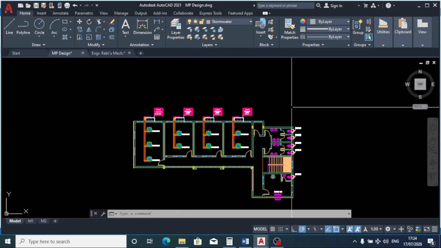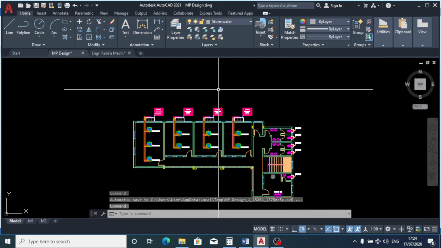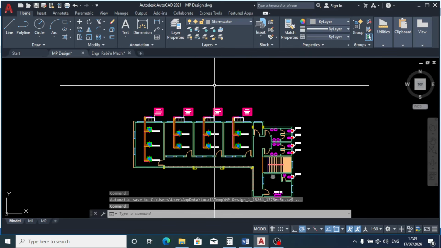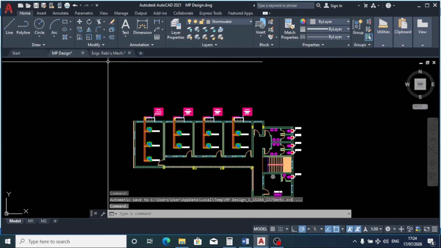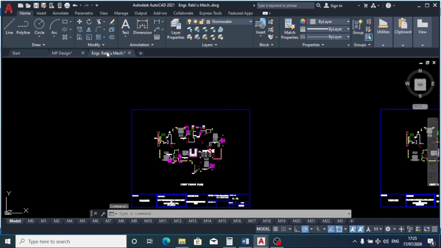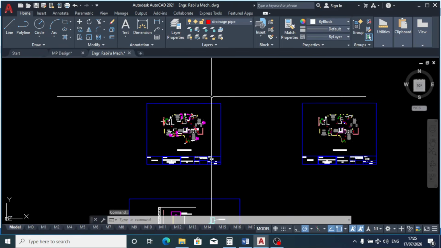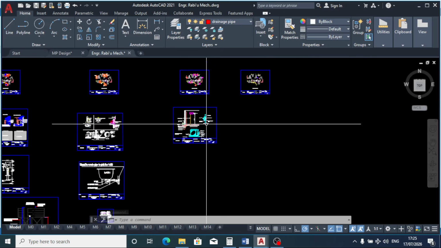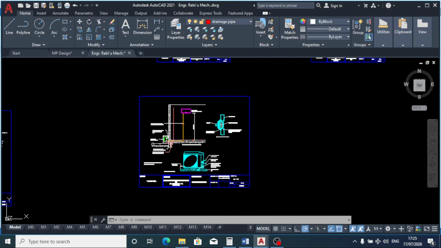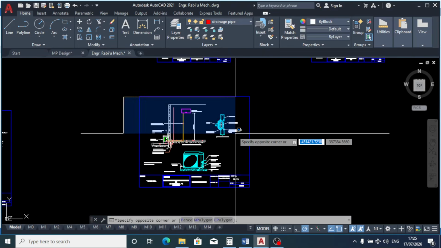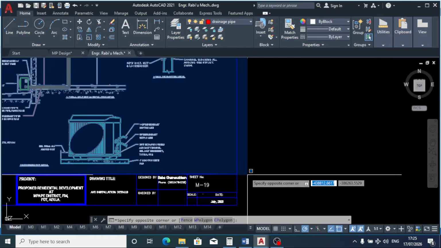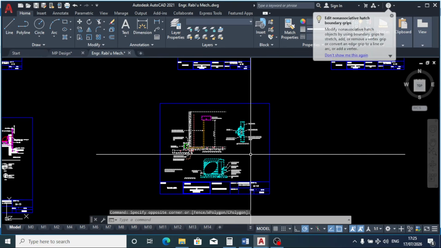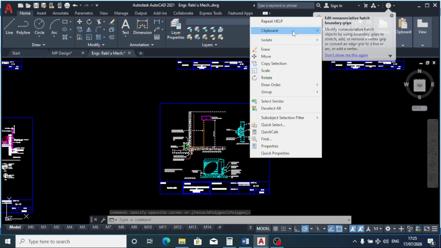So that's that. Now the last thing is to bring in our air conditioning system detailing. Let's get that from one of our previous design. Let's copy to clipboard.